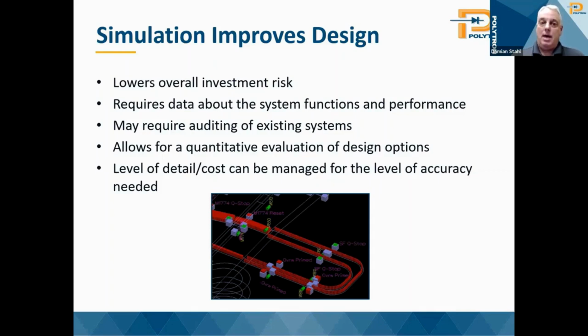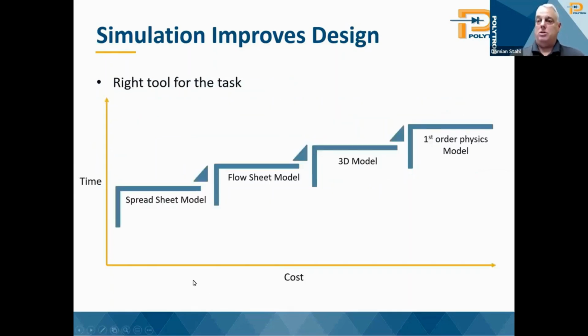So the opportunity we have today with a bunch of new design tools is to tailor the amount of front-end engineering and simulation you do to the amount of risk you're willing to take on a particular project. And so this graph kind of shows that. Simulation has been around for a long time.